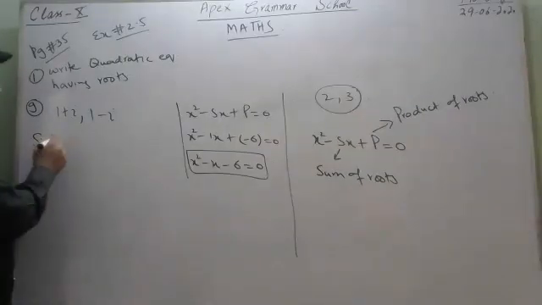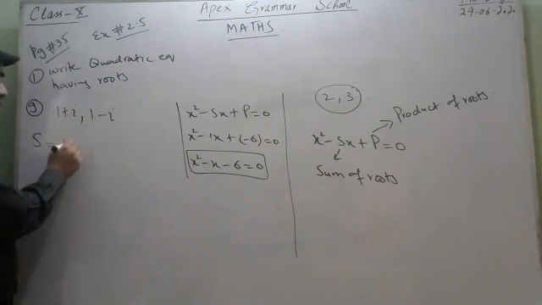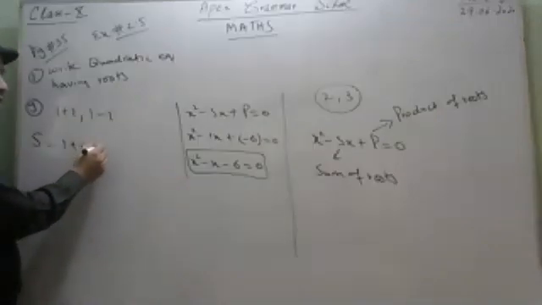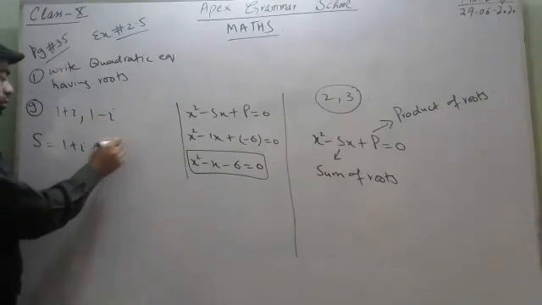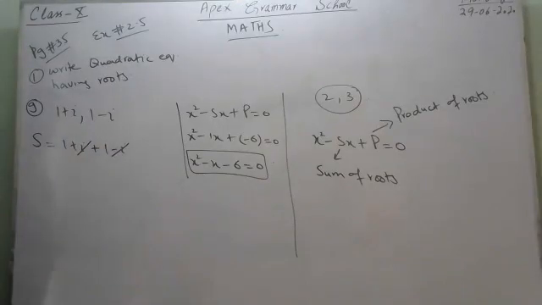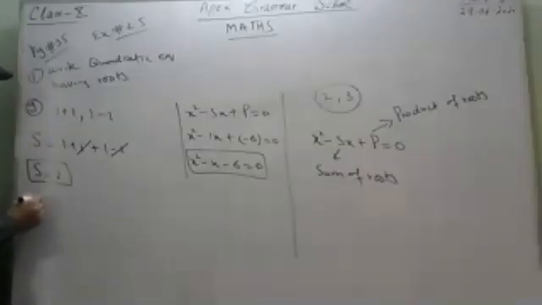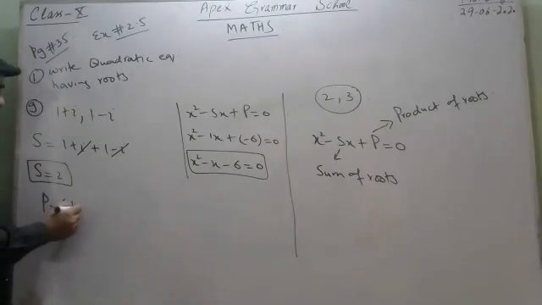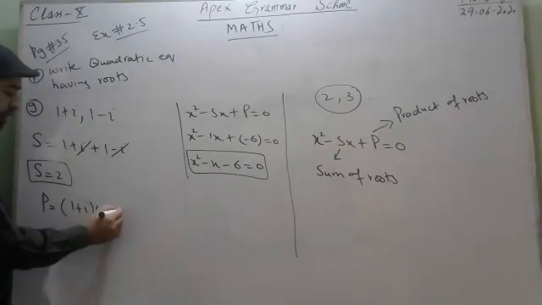So first is sum of roots. First root is 1 plus iota, then plus sign, and then 1 minus iota. So minus iota will be cancelled by plus iota. So sum will be 2, and product will be 1 plus iota multiplied by 1 minus iota.